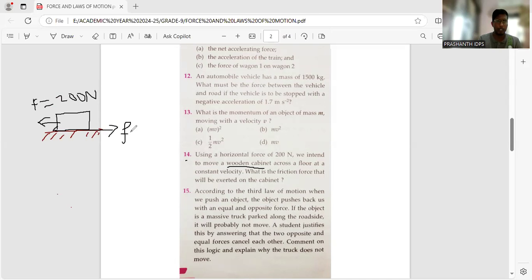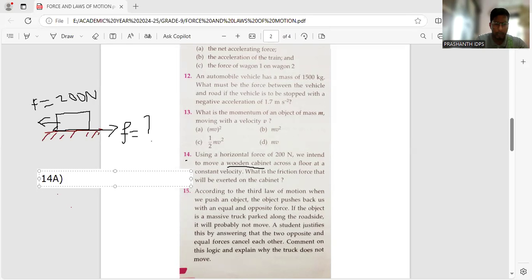Friction will act in the opposite direction. He is saying the velocity is constant, so the velocity is not changing. It's not a numerical to solve here.